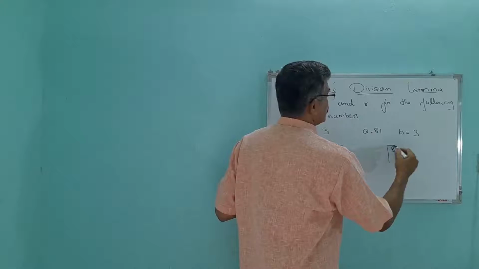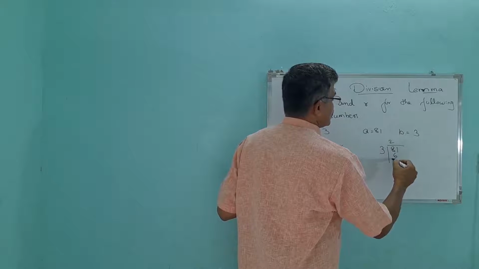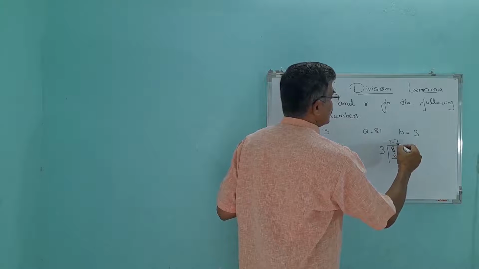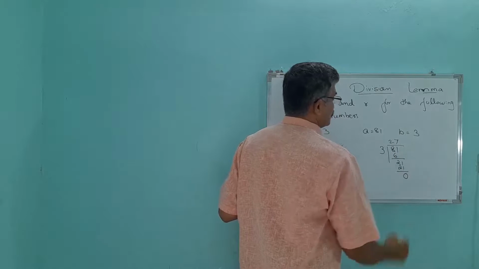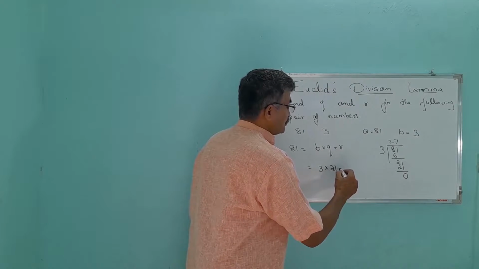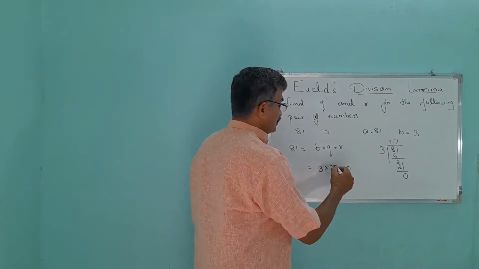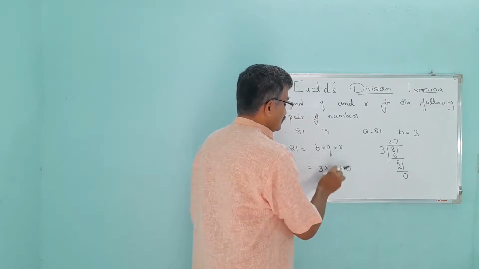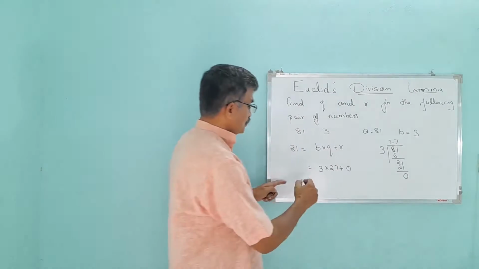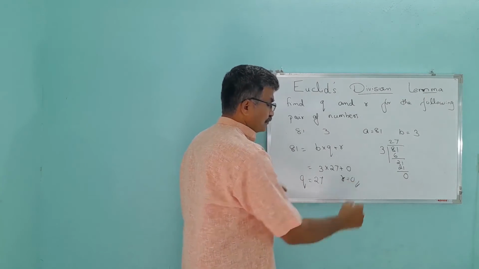So 81 is equal to 3 into 27 plus 0. So q is equal to 27 and r is equal to 0. This way we can find q and r.